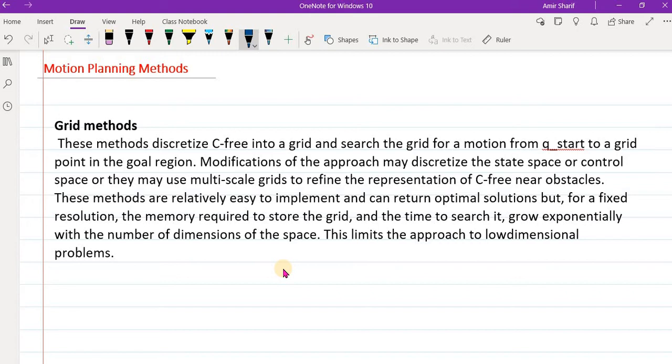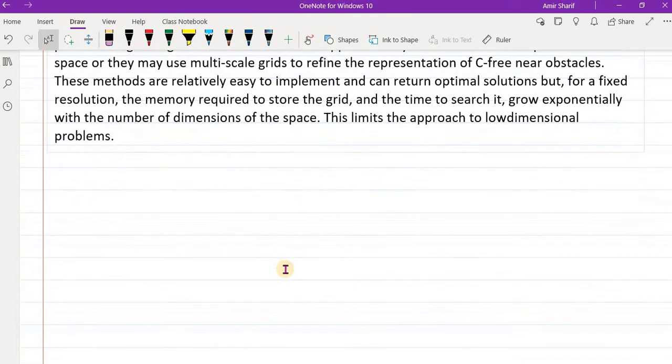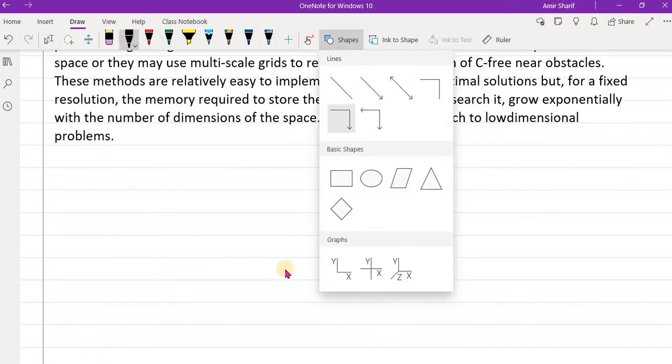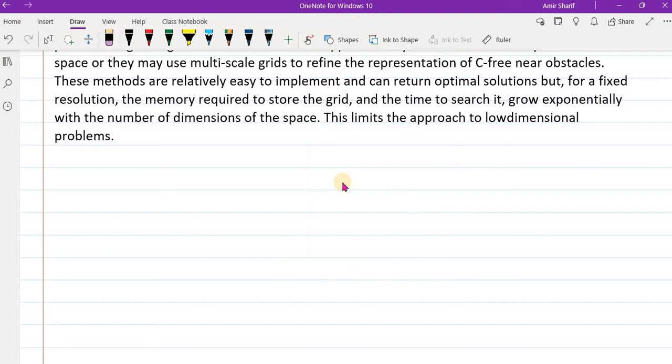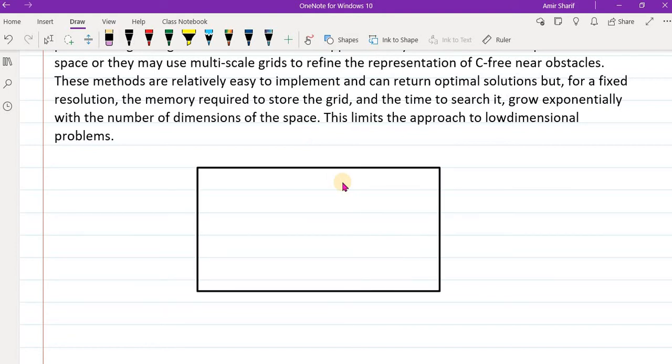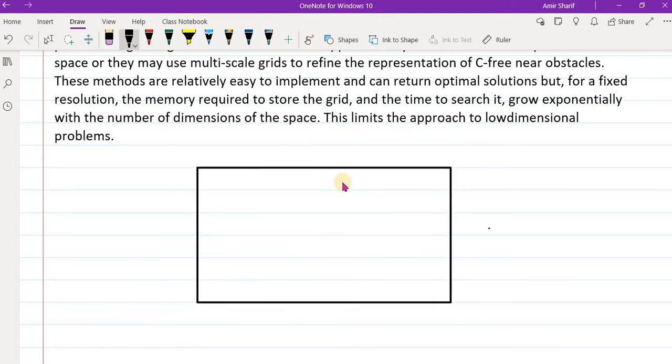So what generally this method does is it divides your configuration space into a grid. So how does it do that?